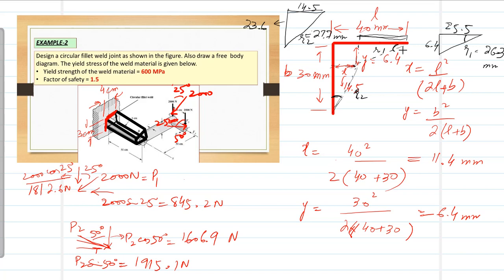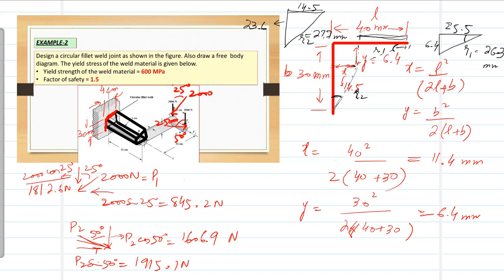tan inverse of 6.4 divided by 14.1 degree.